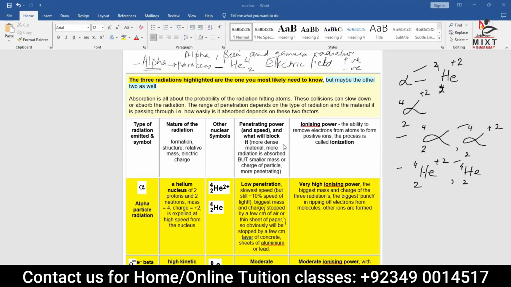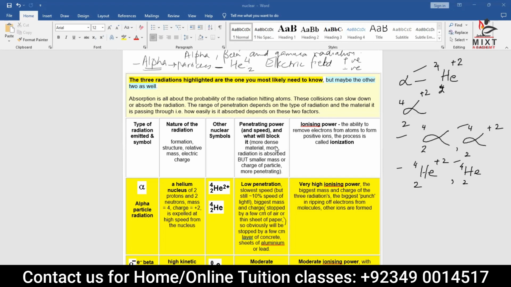Very simple thing, because they are big elements like helium nucleus you are talking about. So very easily they have a very less penetration power. To penetrate into something for them is very difficult. So being the largest particles, they can be easily stopped by the paper and of course by air as well.